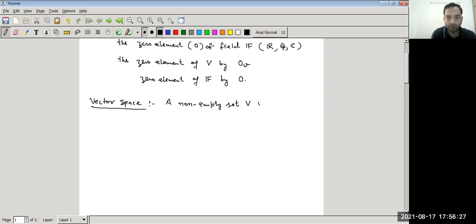V is said to be a vector space over field, so here I am taking R. We are taking the field of real numbers, so we can call it a real vector space.